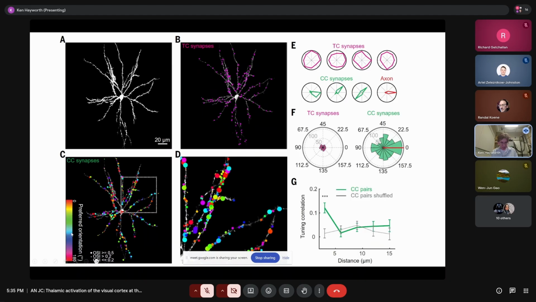They like it in the 90 direction, it's blue. So that's what the rainbow means. And the size is the overall direction selectivity. I'd have to look that up. I think it's not the size of the synapse, it's the size of the response that is being seen.